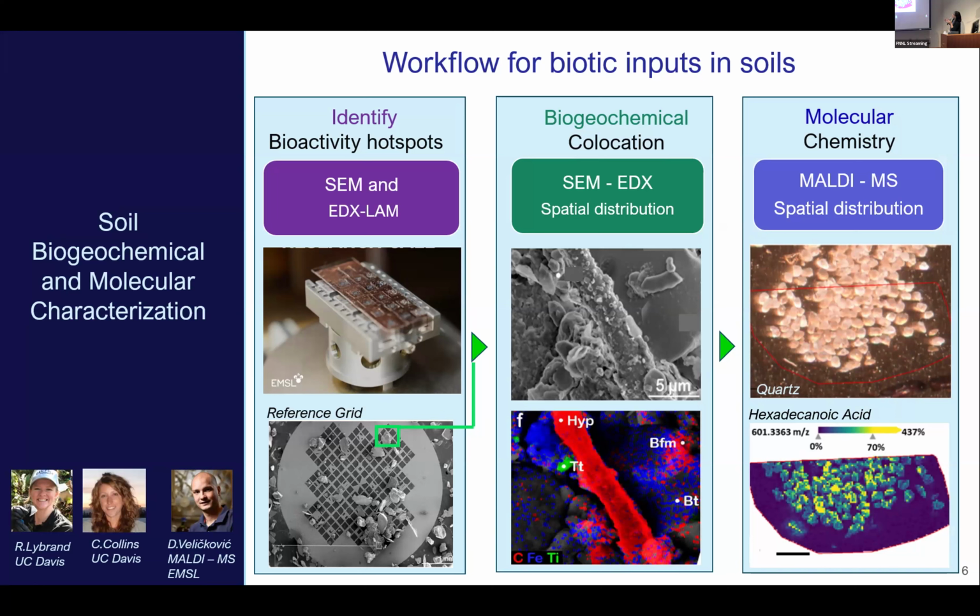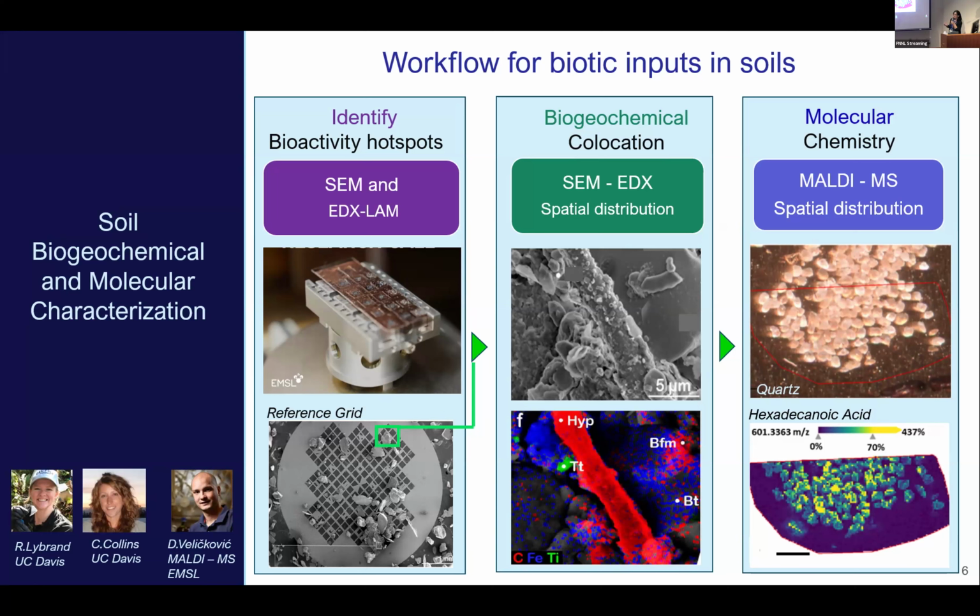What you see here are quartz grains that have been deployed in the field for about a month. When we extract those quartz grains and look under MALDI, we see the composition of the organic carbon at the molecular scale, and we see the signal of hexadecanoic acid. I think this is a lipid from what I can tell, and you can see the distribution of the lipid on the quartz.